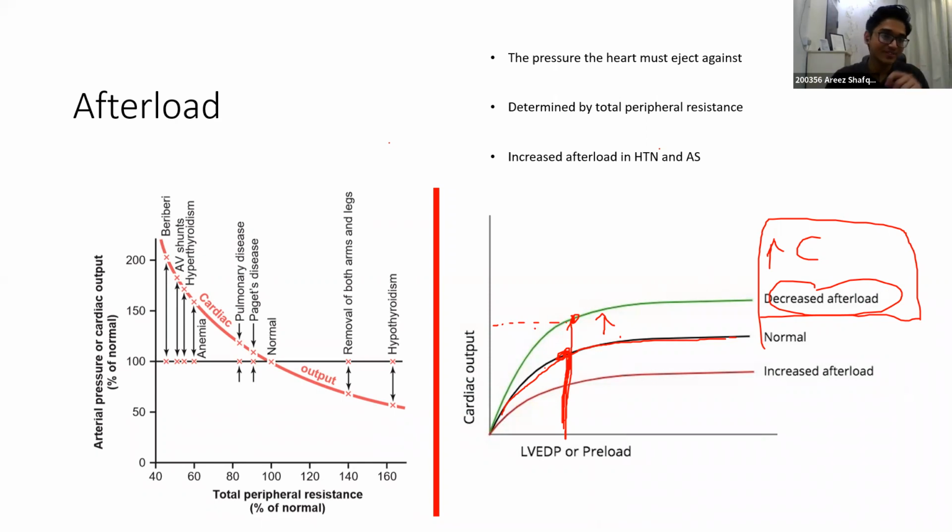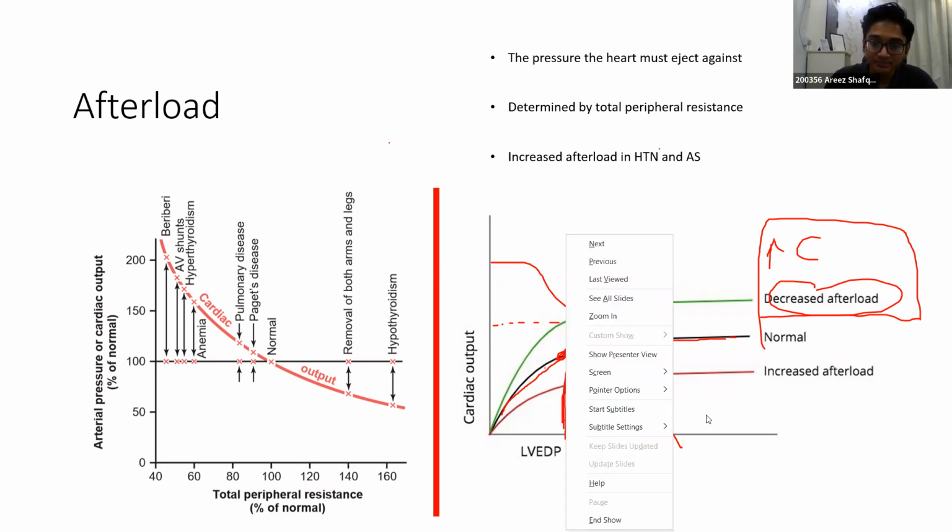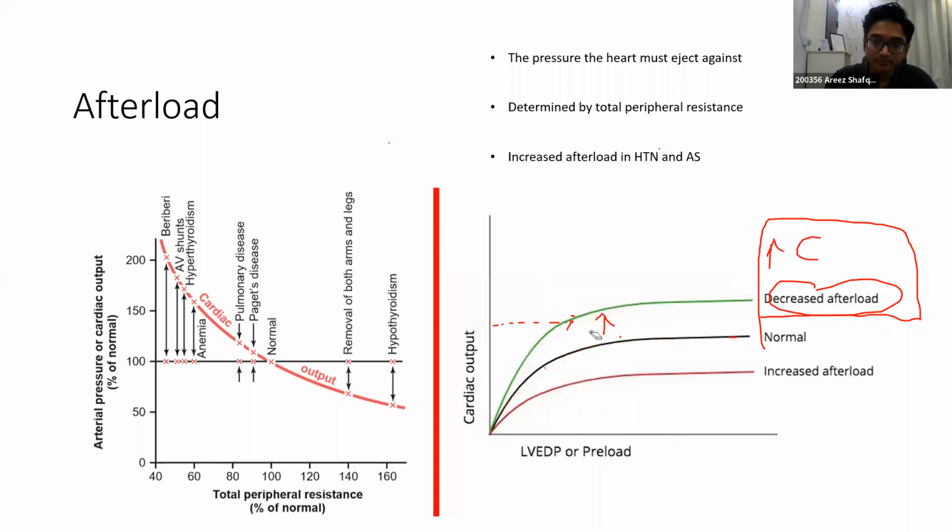But in this curve, you're not considering that. You're only considering cardiac function, not venous function. If I draw venous function here, and let's say, for example, let's do this.